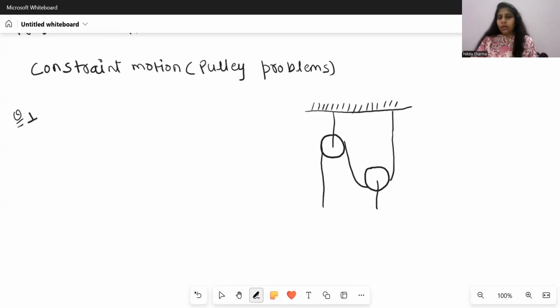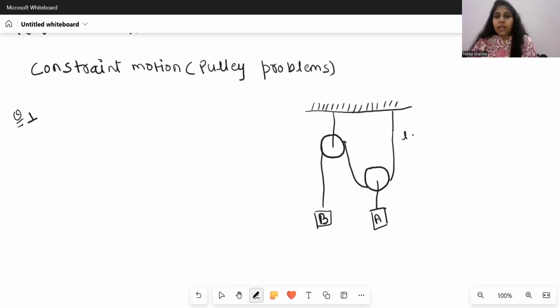The diagram may not look that good, but our main motive is to understand the topic and how to solve it. This is block A hanging on this pulley and block B hanging on this pulley.